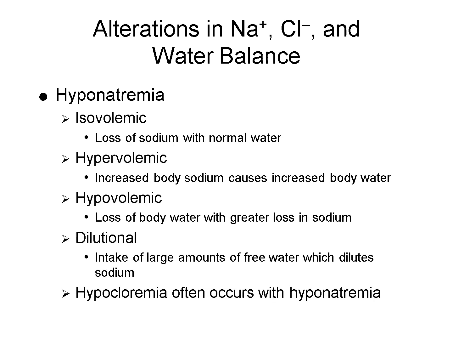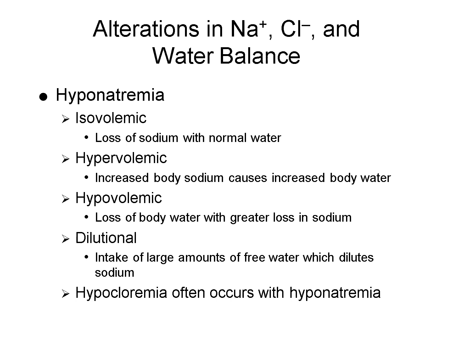Hyponatremia can be categorized based on the body's fluid volume status. In isovolemic hyponatremia, there is a loss of sodium with a relatively normal amount of body water. Hypervolemic hyponatremia occurs when an increase in body sodium leads to an even greater increase in body water.